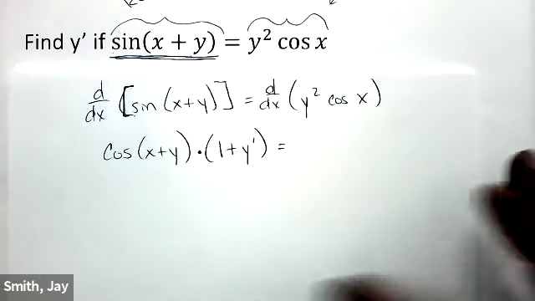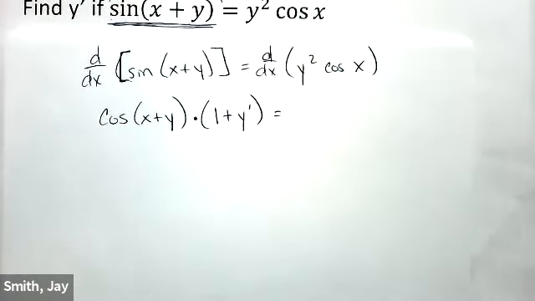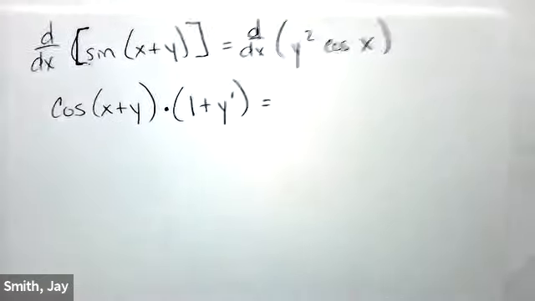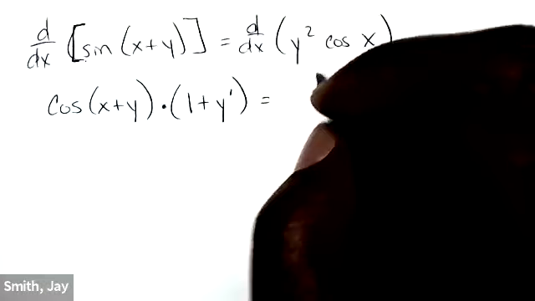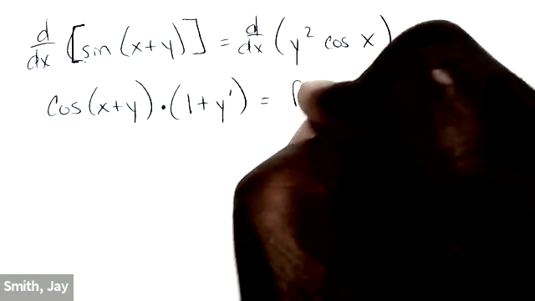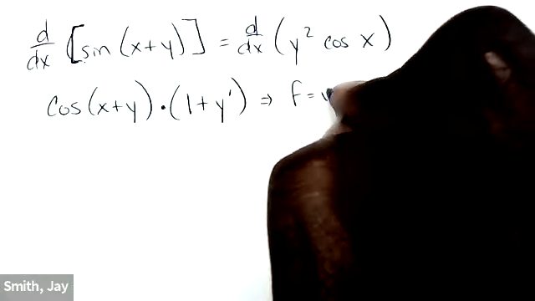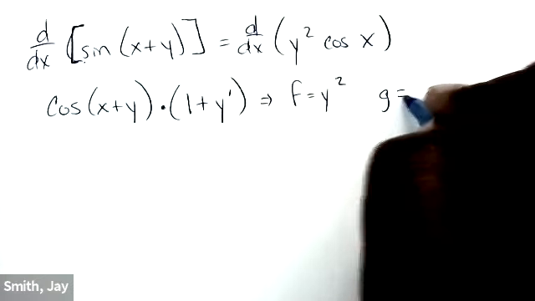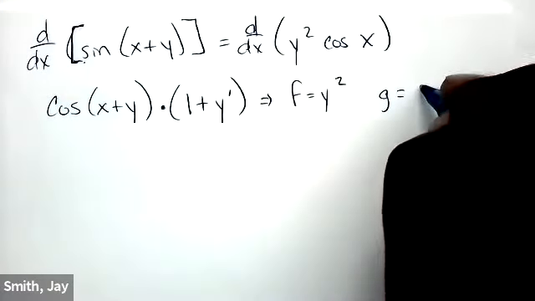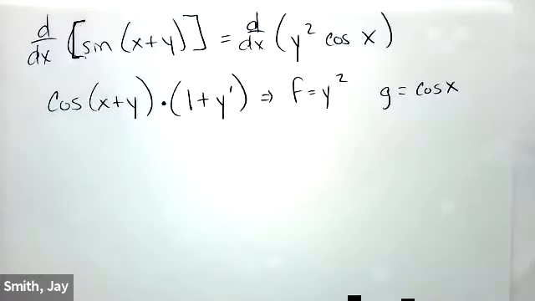Now for the right-hand side, like we said before, it's going to be a little more involved. I need to label f, g, and find f prime and g prime. My first differentiable function, f, will be y squared. Second differentiable function, g, will be cosine x.